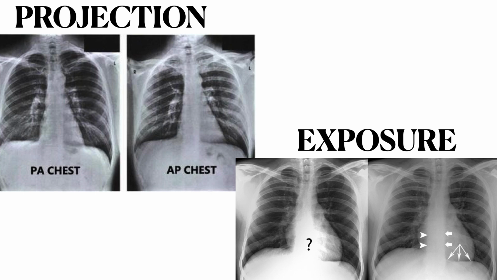And corresponding to projection, as I mentioned in the previous video, the chest x-ray may be taken anterior posteriorly or posterior anteriorly. And the final thing is exposure, where we need to see if the vertebrae are visible behind the heart.